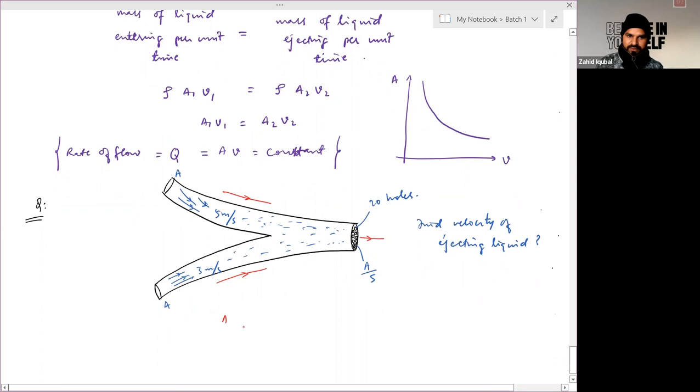So A1V1 plus A2V2 must be equal to, we have n number of holes, each having area A3. So the velocity of liquid ejecting will be V3. Put the value of each part and simplify it to find V3. Is it clear?